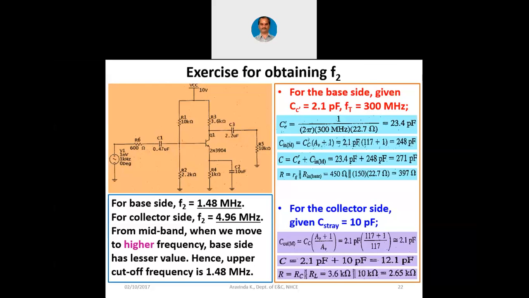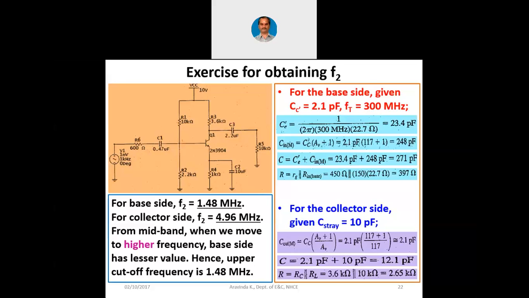So if we have to mark the upper cutoff frequency, which can also be called FH or F2, from the maximum gain, whichever frequency is immediately available to us, that we consider as the upper cutoff frequency, because later on the increase in frequency is not going to matter as far as the upper cutoff frequency is concerned. So for the base side and the collector side, we have 1.48 megahertz and 4.96 megahertz. Naturally, we consider 1.48 megahertz as the upper cutoff frequency.